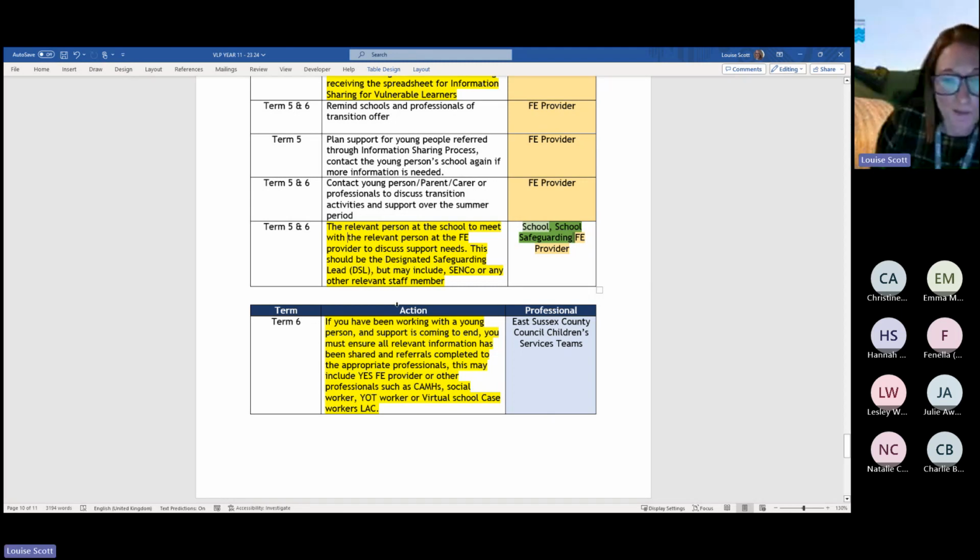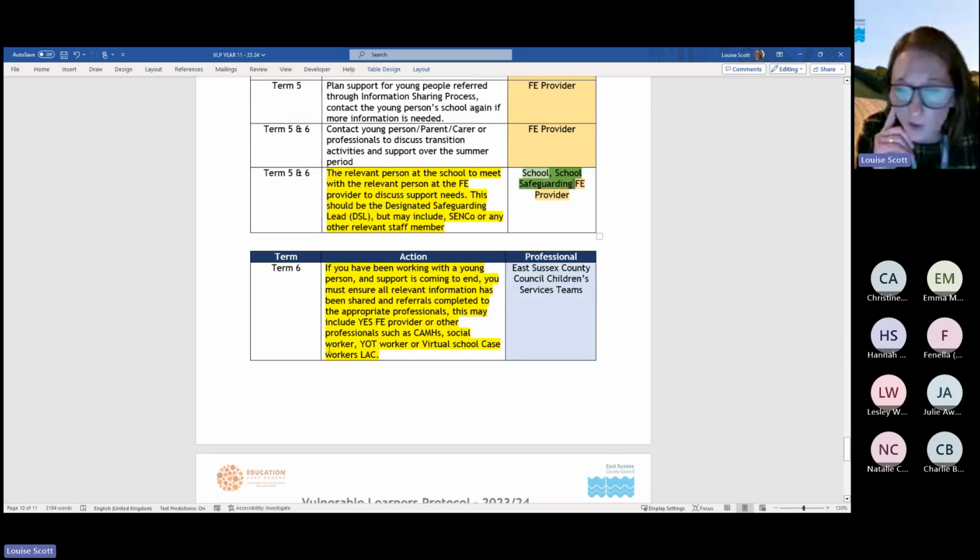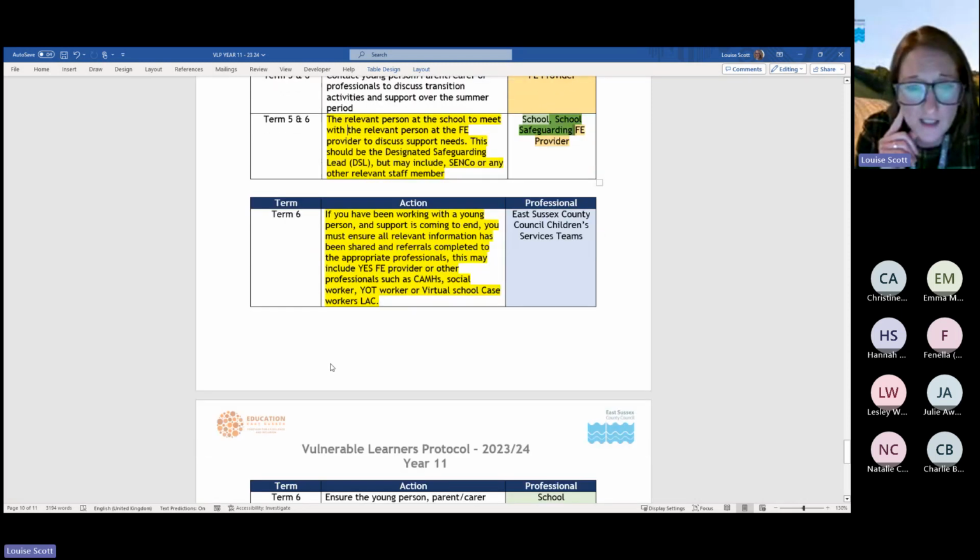And then moving on to term 6, East Sussex County Council Children's Services. If you've been working with a young person and support is coming to an end, you must ensure all relevant information has been shared and referrals completed to appropriate professionals. This may include the Youth Employability Service, further education provider, or other professionals.